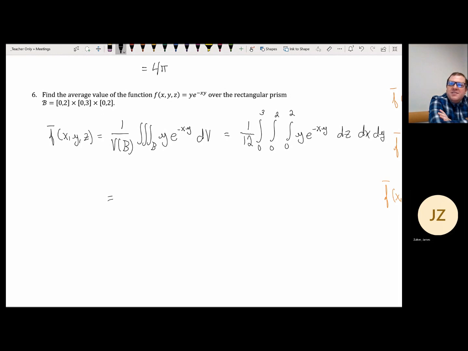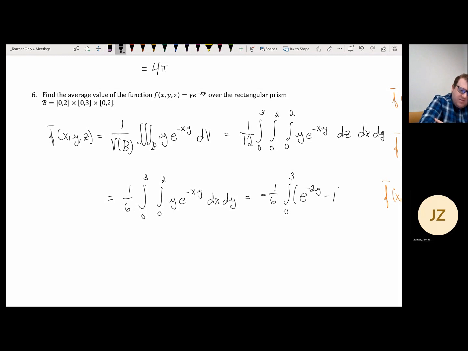Integrate with respect to z. It's just the length, which is 2. So we're going to be left with 1/6. We're going to need a negative, right? Integral 0 to 3. It's just going to be e to the negative xy, evaluated from 0 to 2 for x. All right, e to the negative 2y minus e to the 0.